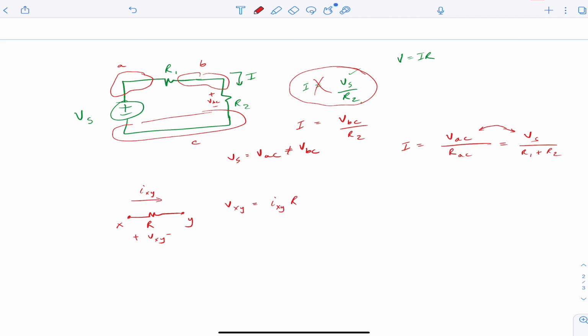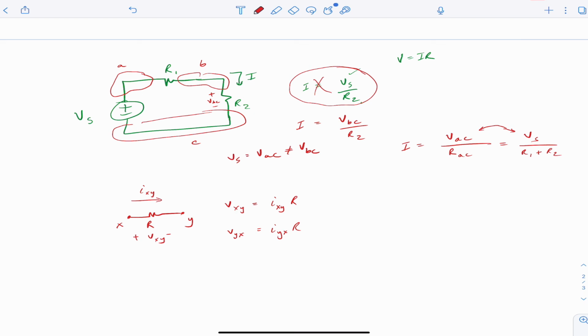The other thing you could do, of course, is go the other way. You could use Iyx and you would have Vyx. And Vyx is the negative of Vxy and Iyx is the negative of Ixy. So there are negative signs that cancel, and so these two expressions are equivalent.